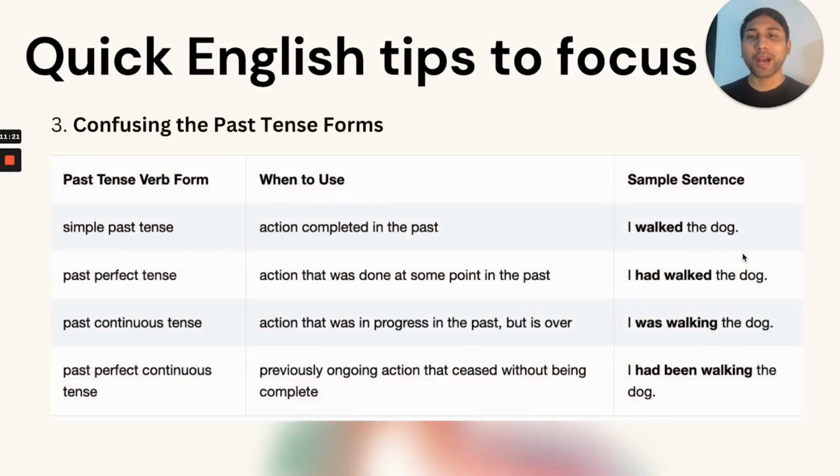Similarly, with the past tense form, and past tense is the most common tense that you will use in your interviews, and this is also the tense जहाँ पे लोग सबसे ज़्यादा गलतियाँ करते हैं, people make mistakes, right?